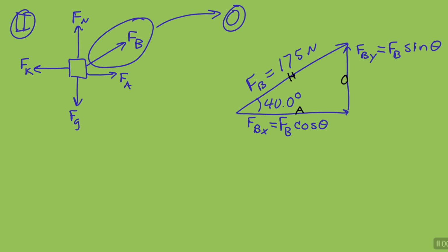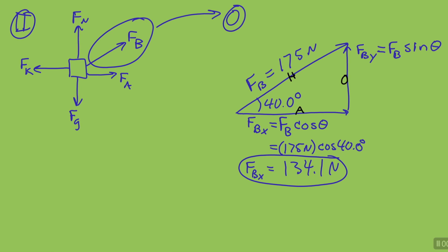So F sub bx, F sub b is 175 newtons. Sorry, that's 175 times cosine of 40 degrees. If I ask my calculator what that's equal to, I end up with F sub bx equal to 134.1 newtons.